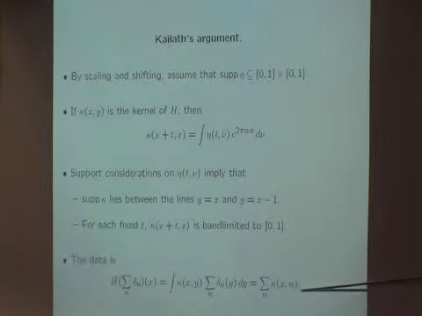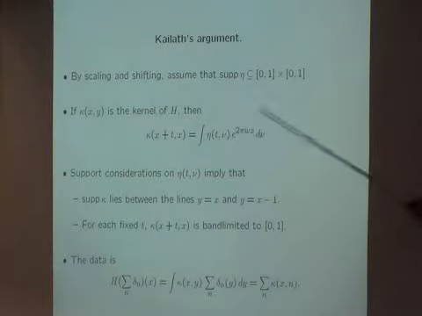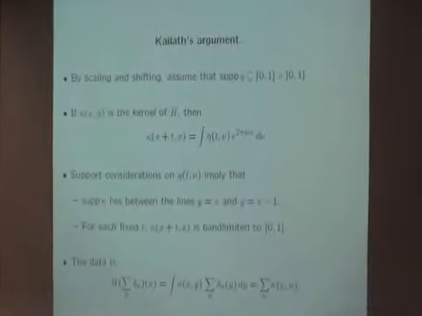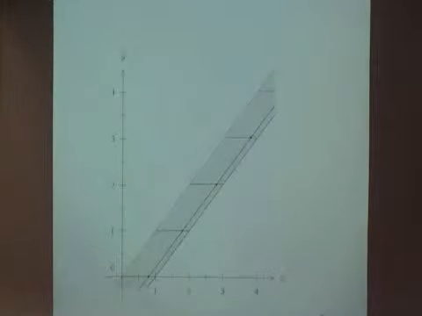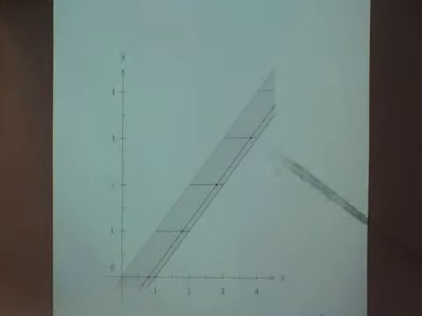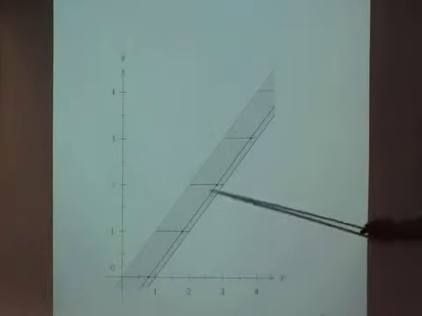Now if we send this delta train through our operator, this is what comes out, just the sum of kappa of x, n. So let's look at a picture here. Kappa is supported in this strip, and on every line of this type. This is just an example.